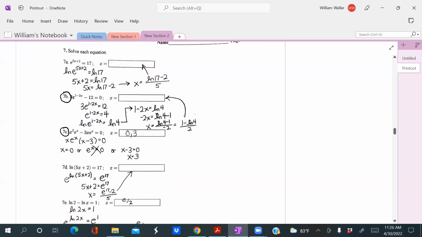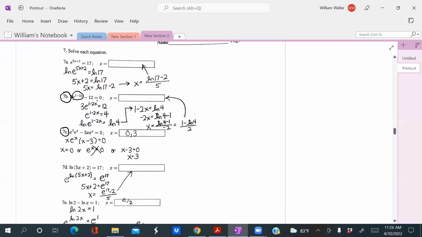So we want to solve 3e^(1 - 2x) - 12 = 0. This is a natural exponential, or actually a transformation of a natural exponential function, but still virtually the same.